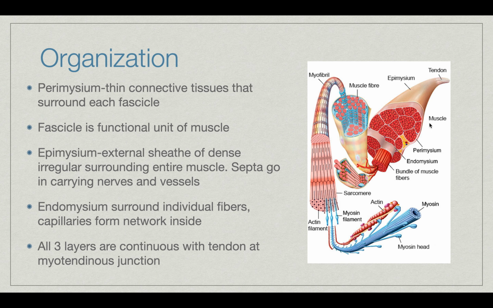Okay, so the perimysium is a thin connective tissue that surrounds each fascicle, and the fascicles are the functional unit of muscle. The epimysium is the external sheath of dense, irregular connective tissue, and it surrounds the entire muscle.